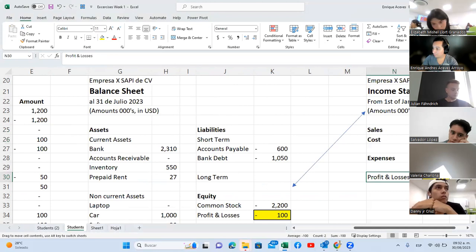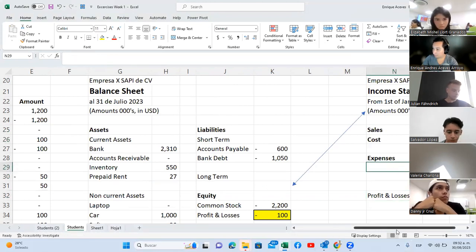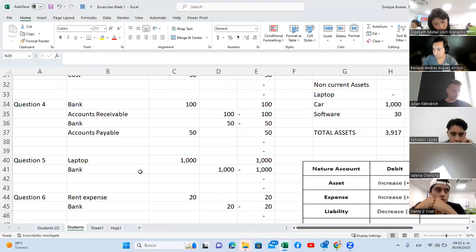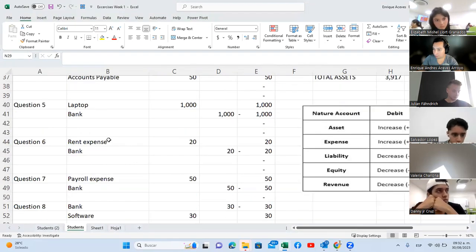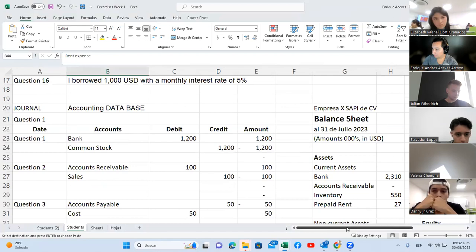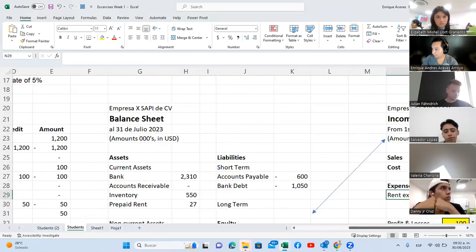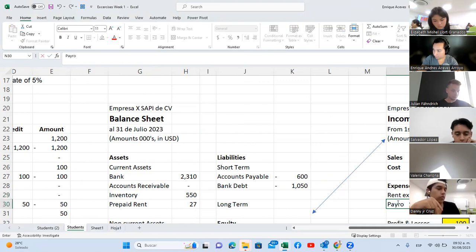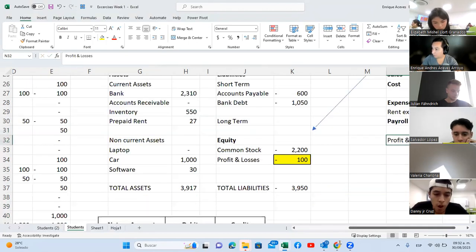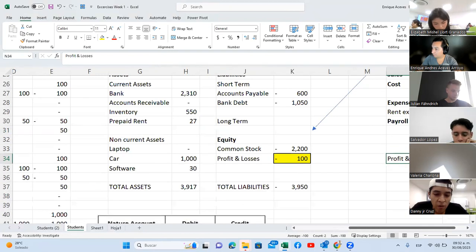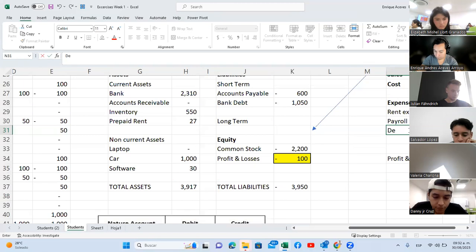In here, we don't have expenses. We have payroll. But let me put all the expenses. It's rent expense, payroll expense, depreciation expense, interest expense.